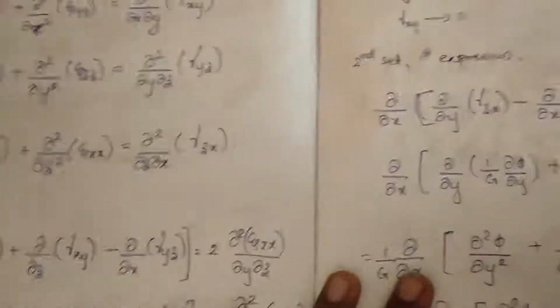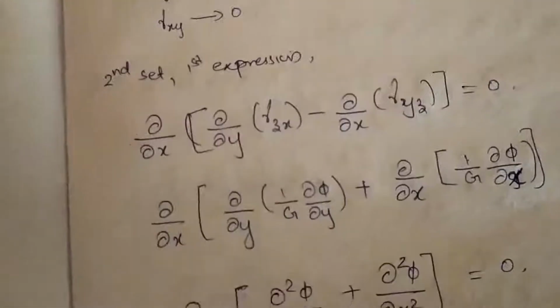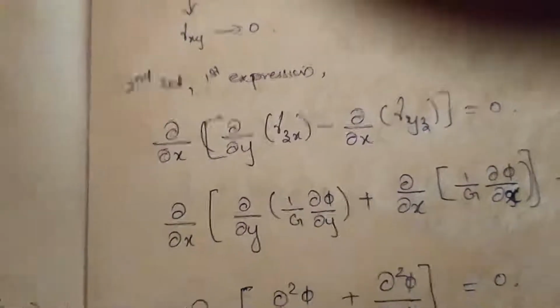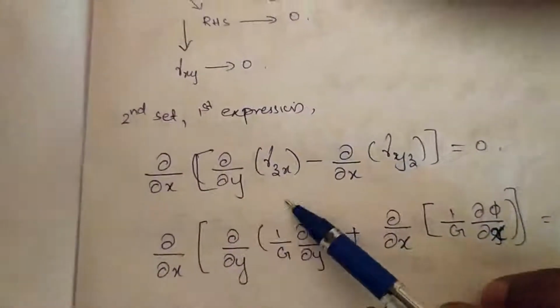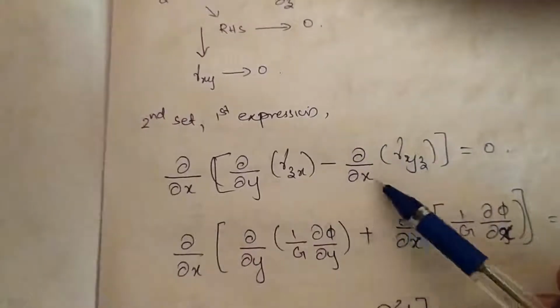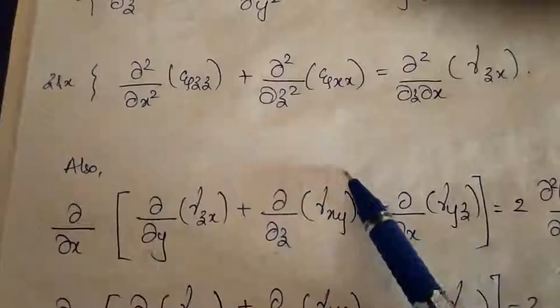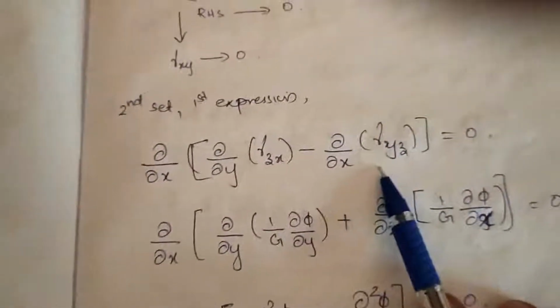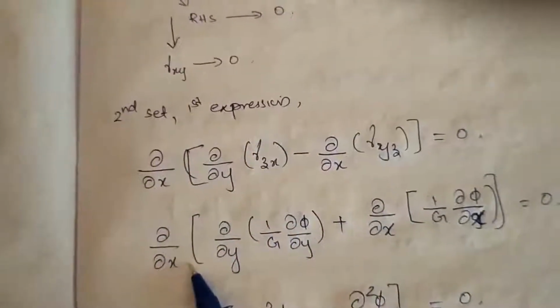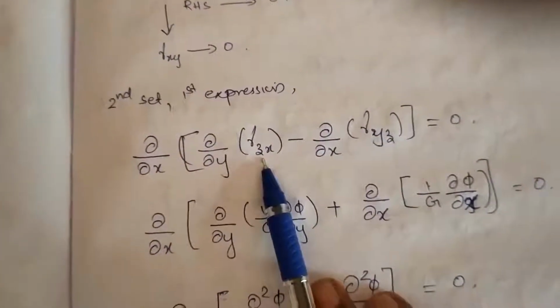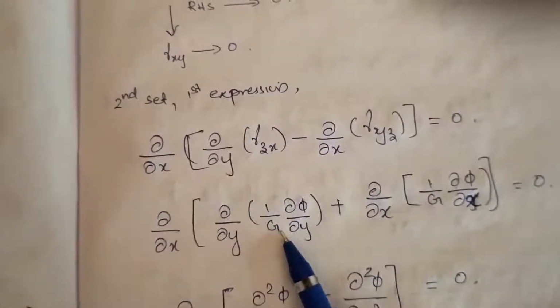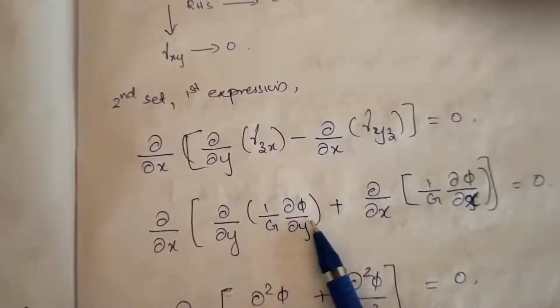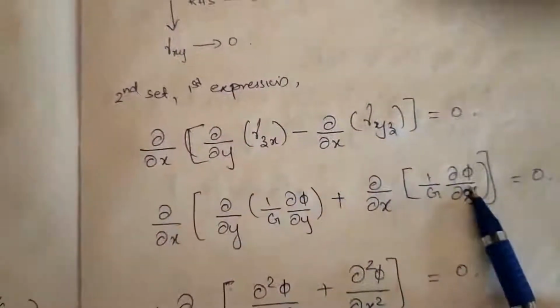Then the second set expression will come like this: dou by dou x of this one, dou by dou of gamma zx and yz. See the same equation here. Here, if you cancel this term, then these two equations are put here. Okay, expand it. Instead of gamma zx, you give the value in terms of the Prandtl stress function, here and here.